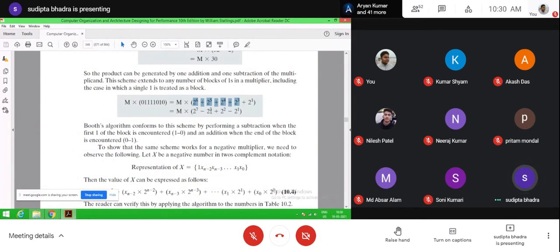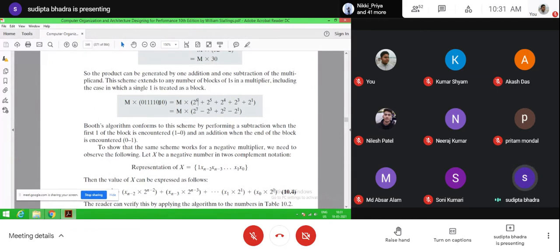2 to the power 3 means what? That is n minus k. Here n is 6, and 2 to the power 7 means n plus 1, so 6 plus 1 is 7, and for 2 to the power 3, 6 minus k, here k is 3, so n minus k gives 2 to the power 3.